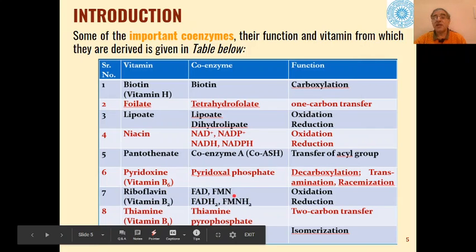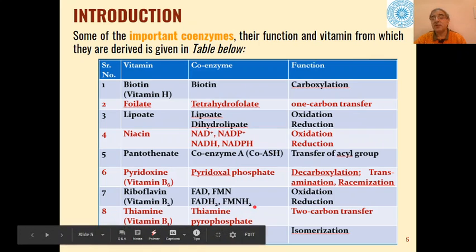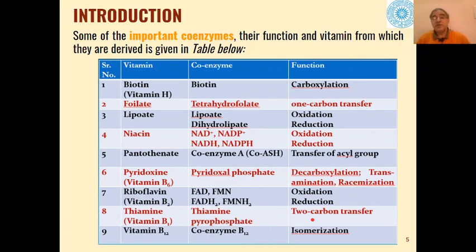Similarly, FAD and FMN will catalyze oxidation reactions. FADH2 and FMNH2 will catalyze reduction reactions. And these coenzymes are part of vitamin B2, that is riboflavin. Then next is vitamin B1.